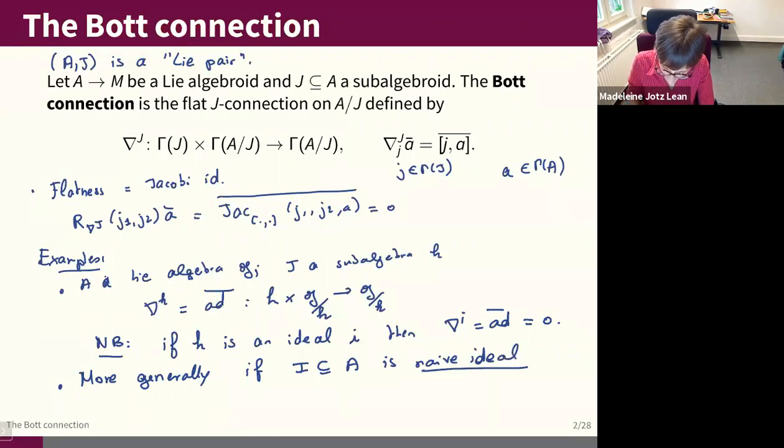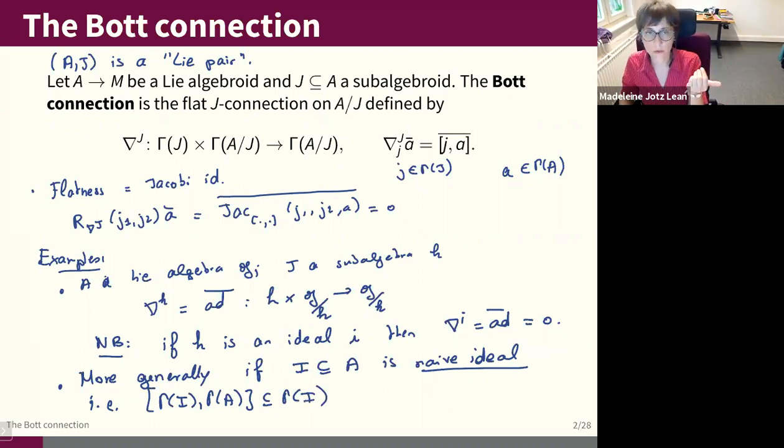So naive ideal, what is that? It's just that the set of sections of I is an ideal in the Lie algebra of sections of A, right? So let's write that: Gamma I, Gamma A is in Gamma I.